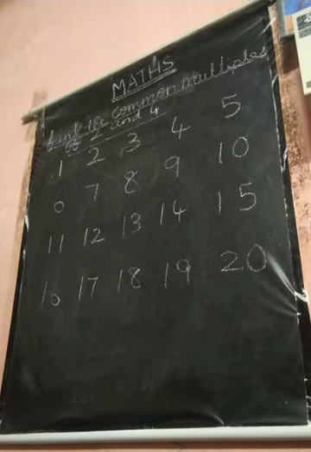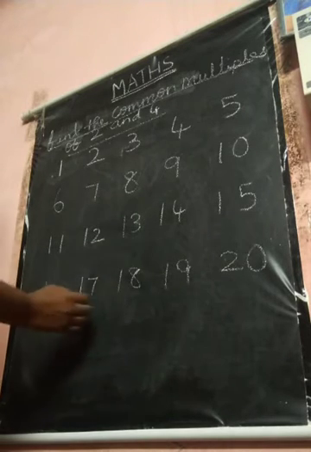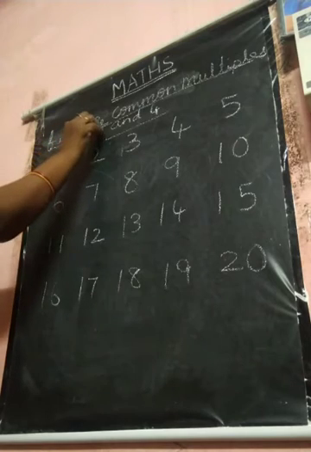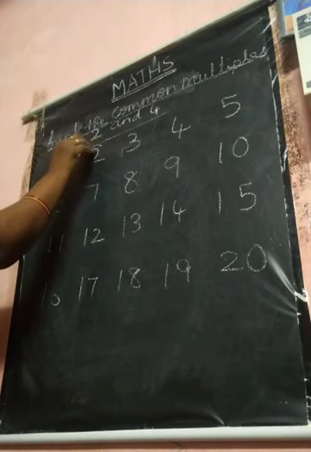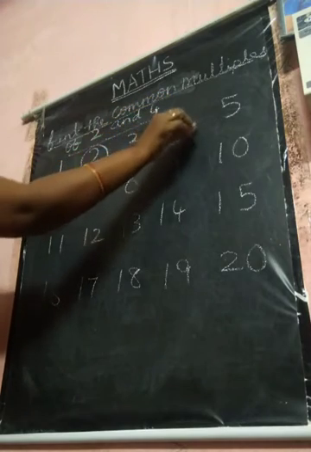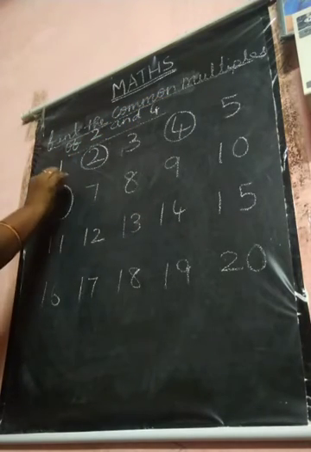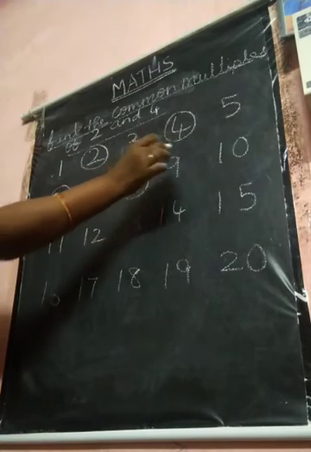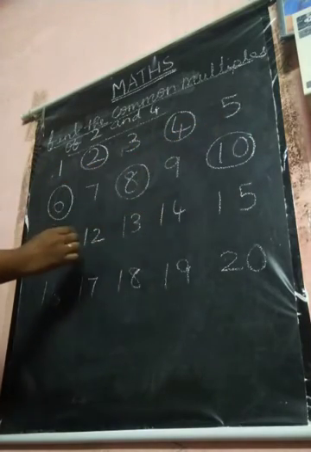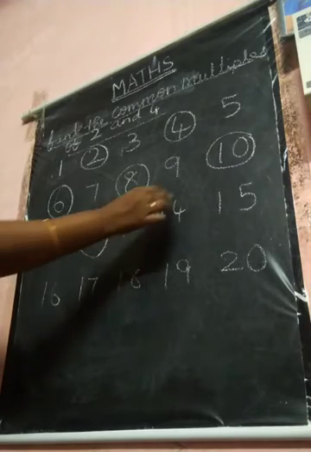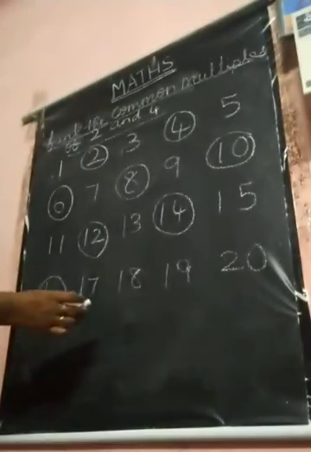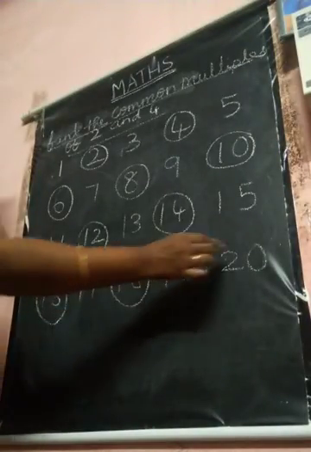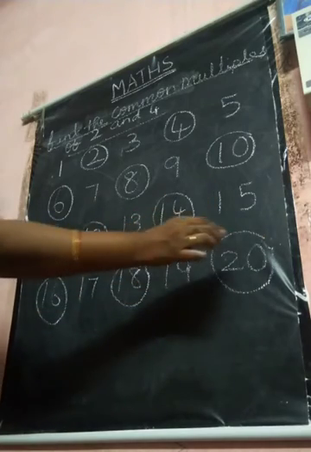Find the common multiples of 2 and 4 using this number line. First, the 2 tables, you circle the 2 multiples. 2 ones are 2, 2 twos are 4, 2 threes are 6, 2 fours are 8, 2 fives are 10, 2 sixes are 12, 2 sevens are 14, 2 eights are 16, 2 nines are 18, 2 tens are 20.